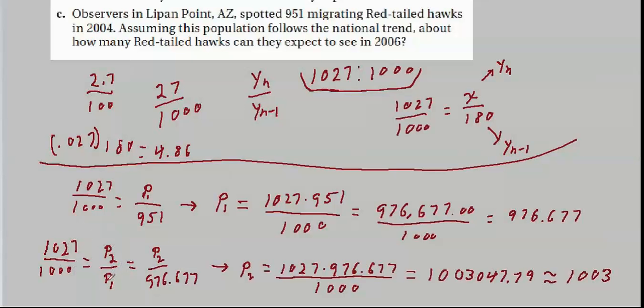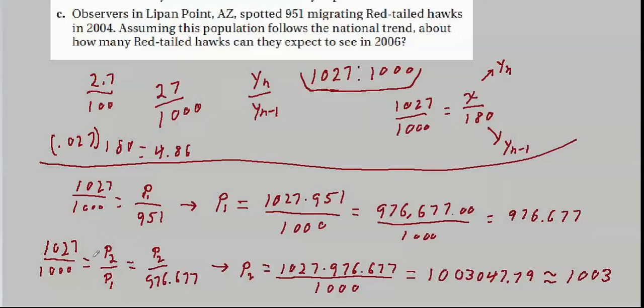In other words, this ratio of year n to year n minus 1 is the same as the ratio of P2 over P1. Now P1 we know, we just figured it out. It's this here. P0 was our starting point, that was 951 here. This is P0 right here. This is P1, and P2 we don't know yet.